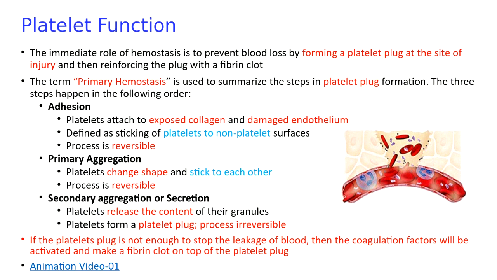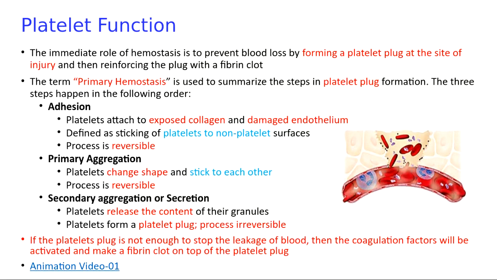And it happens in 3 stages, and they go in step-like fashion. First is adhesion, meaning the platelets will be activated as they are going by the ruptured endothelial cells.